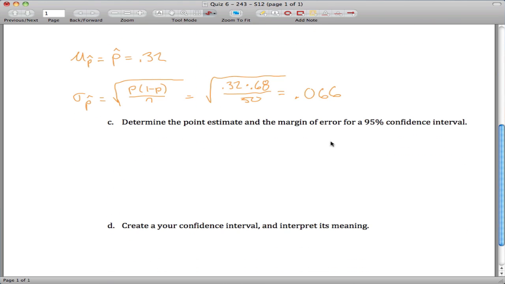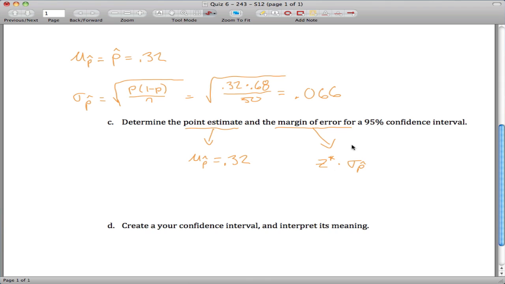Determine the point estimate and the margin of error for a 95% confidence interval. All right, so our point estimate is just mu sub p hat, which is equal to 0.32. Our margin of error is going to be z star times sigma of p hat.